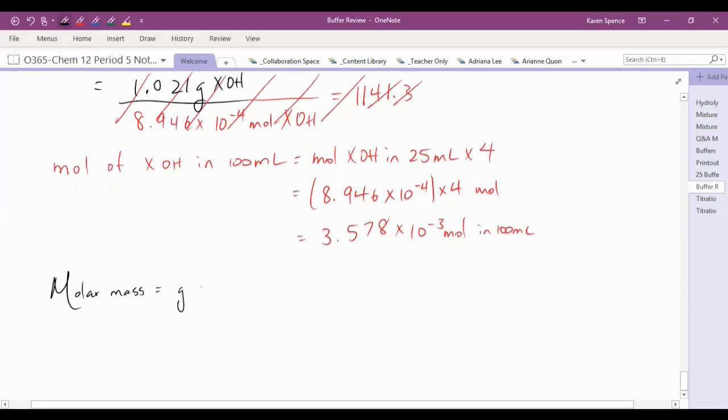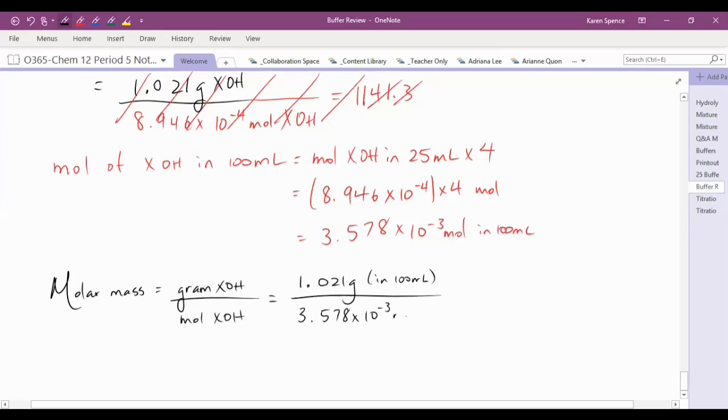Okay, so molar mass is the grams of XOH per the moles of XOH. We dissolved 1.021 grams, and that was in our 100 milliliters, and that was 3.578 times 10 to the negative 3 moles, also in 100 milliliters.